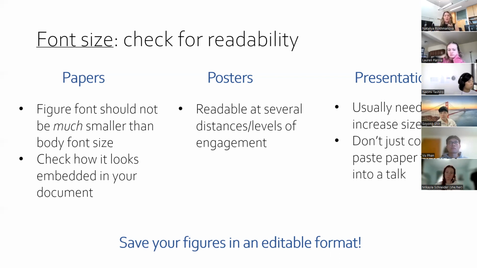So an SVG or even a matlab.fig file. Then you can go back, you can make those small adjustments. You can make those tweaks if you're adapting a figure for a presentation, for example. I think this is pretty intuitive for most people, but it took me a really long time to figure out that that is a much better way of working with figures than just saving version 5, final 2, final. So that's a tip.